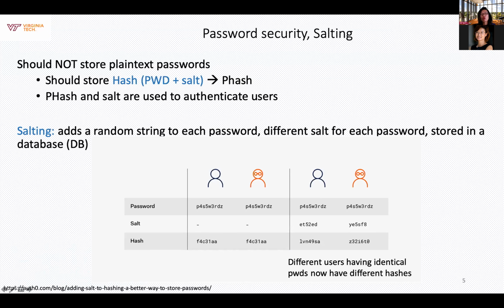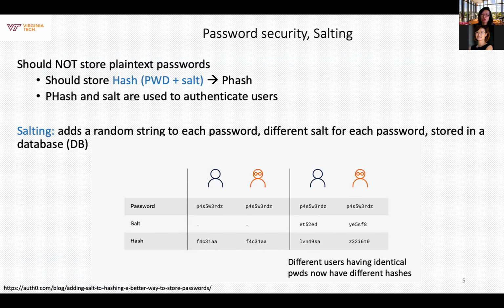Before we talk about cryptography, I want to say a little bit about password security. It's very important you don't store passwords in plain text; you hash them. A cryptographic one-way hash means that, upon seeing the hash, you cannot easily guess the pre-image, the original message, the original password.